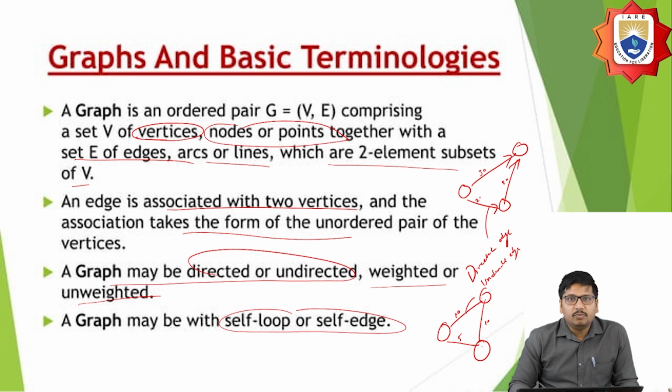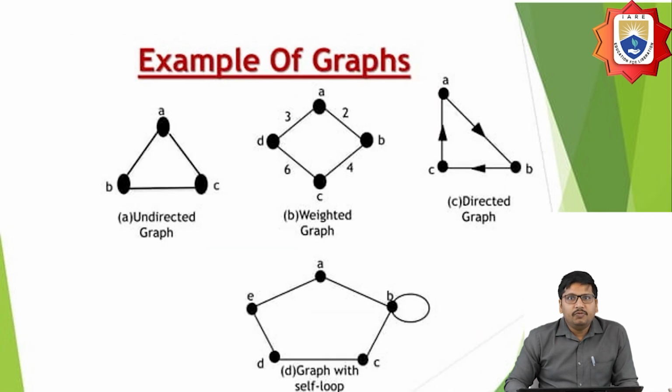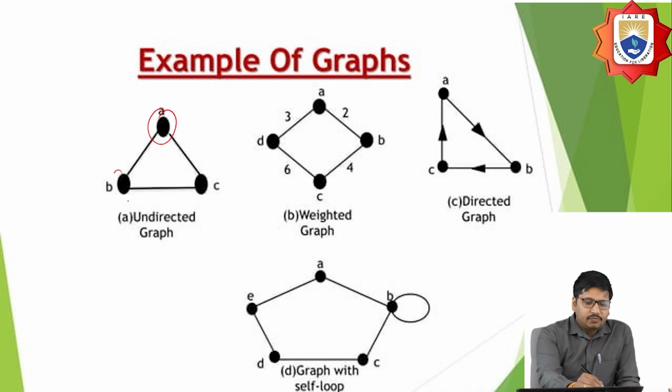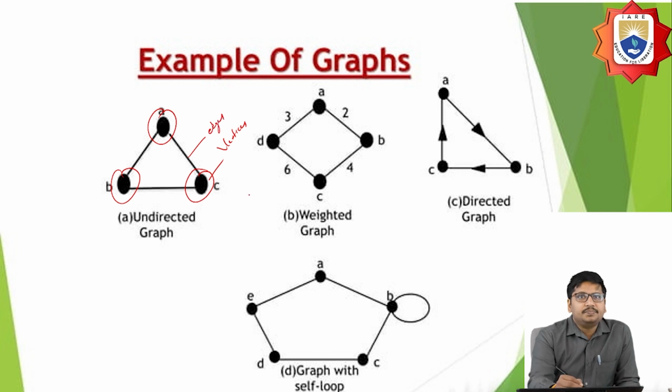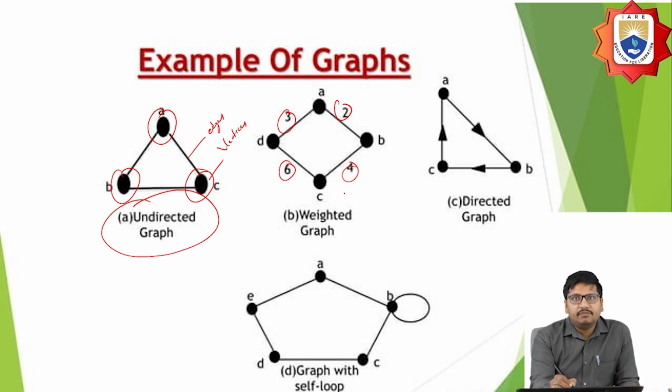A graph with self loops or edges, what we call a simple graph. If you look at this, these are the different types of graphs. These are the nodes of the graph, what we call vertices, and the line connecting two vertices, what we call an edge. So this one should be the directed, undirected graph. Similarly, for an undirected graph, if I assign weights here, it should be treated as a weighted graph.